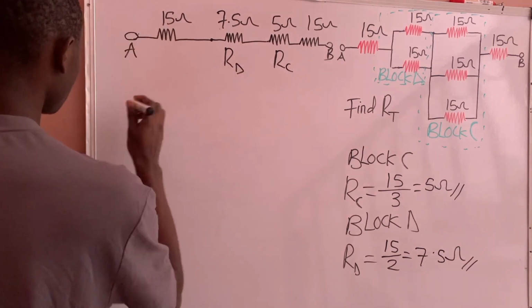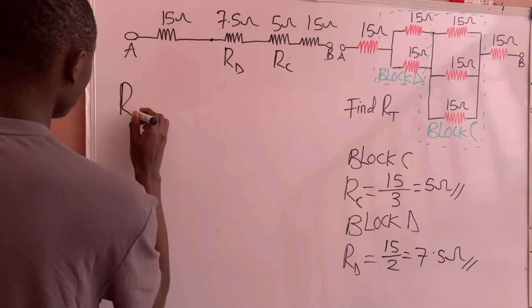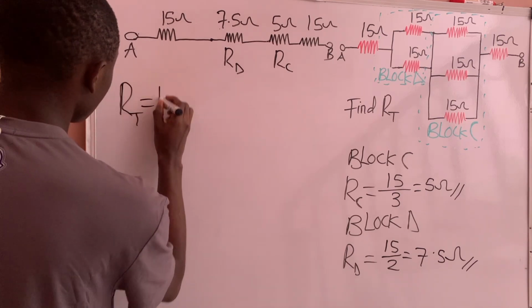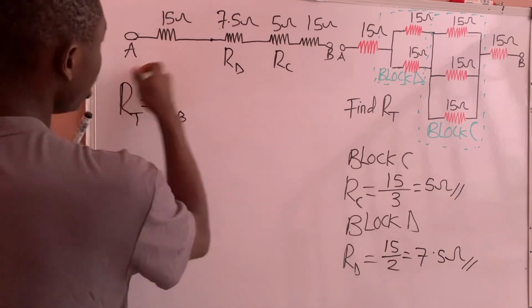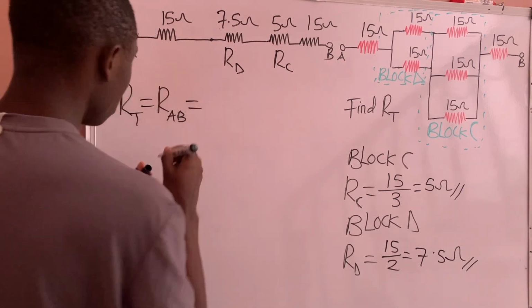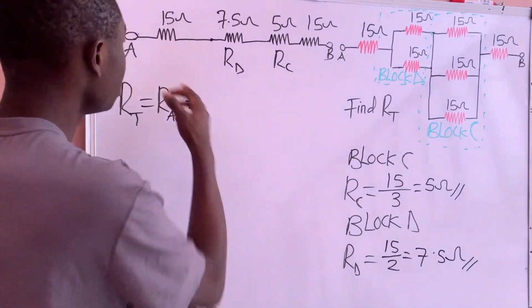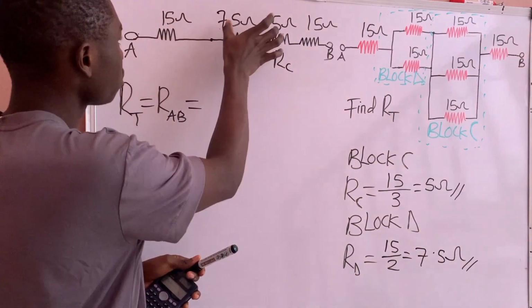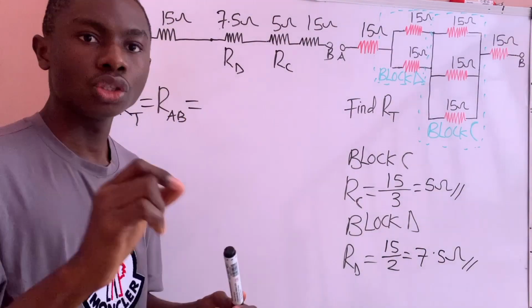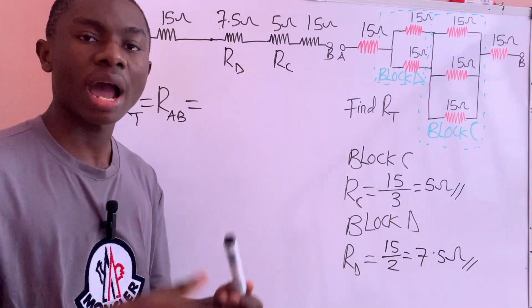So the total resistance, ROT, which is the same thing as ROAB, between terminal A and B, will now equal, whenever you have resistors in series, forget about the formula, just add the resistance values like you are adding money.